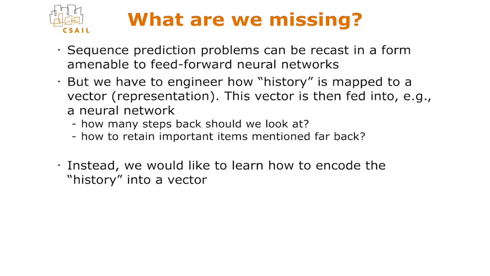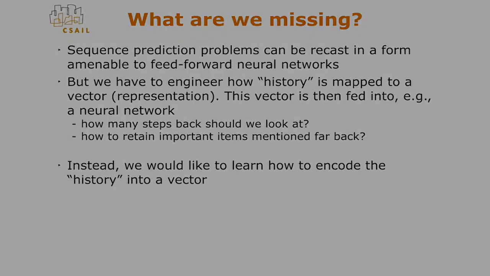The other problem is that sometimes the history that we should pay attention to is variable length. There may be words at the beginning of the sentence that are quite relevant for predicting what happens towards the end, and we would have to somehow retain that information in the feature representation that we are using for predicting what happens next. So instead, what we need is a more flexible way of turning sequences into feature vectors.